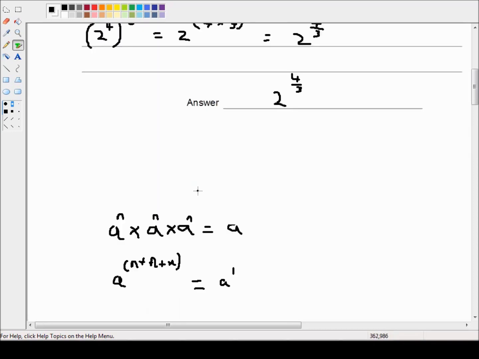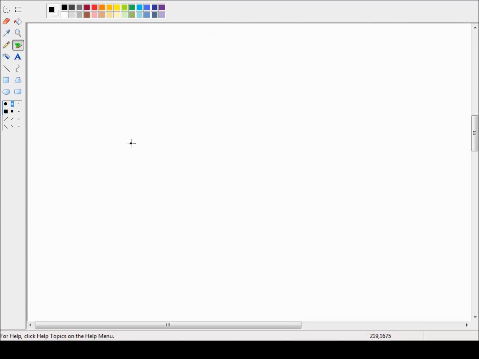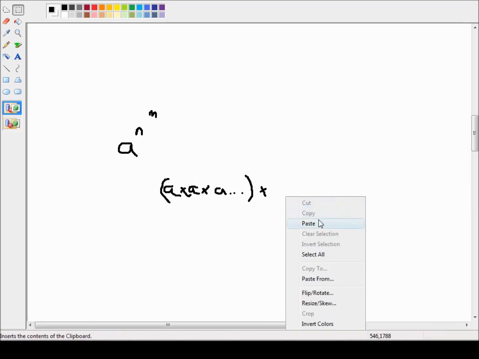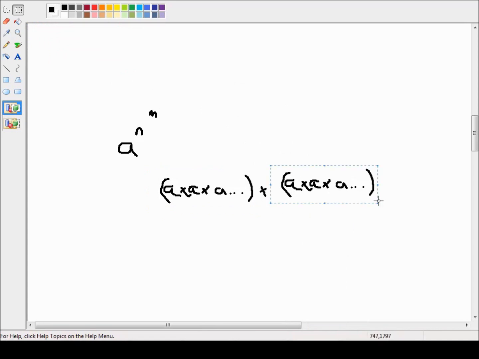And if that's not absolutely clear, let me just explain why. Again, if I have a to the power n to the power m, we're basically saying this is a times a times a dot dot dot n times, and then all that is timesed by itself, and times by itself again m times.